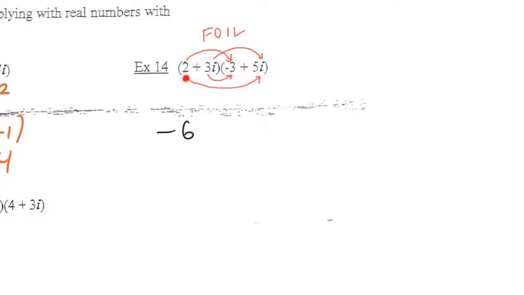I do the outer terms, so that's 2 times 5i. That is a positive 10i. The inner terms are going to be the 3i times negative 3. That is a negative 9i. And then the last terms, the 3i and the 5i, multiply to give me a positive 15i squared.